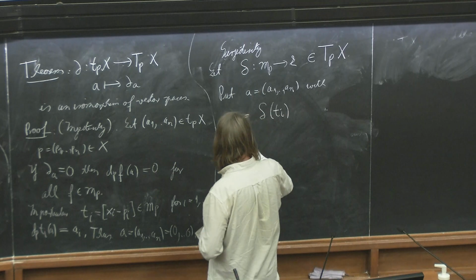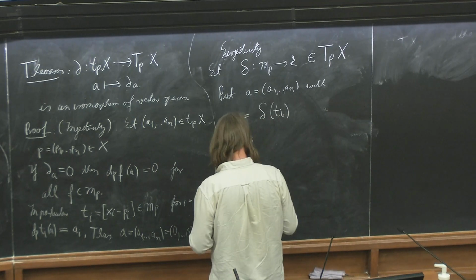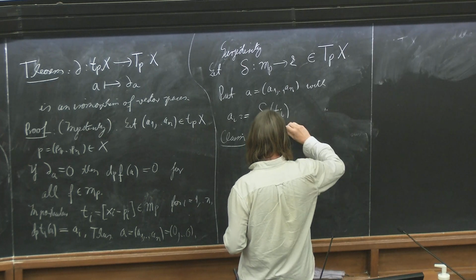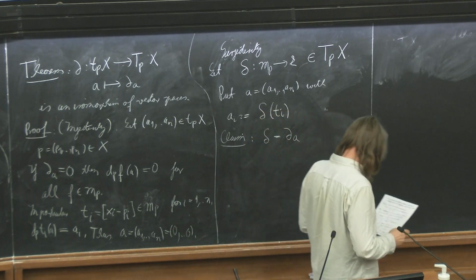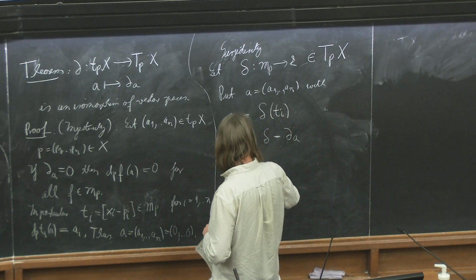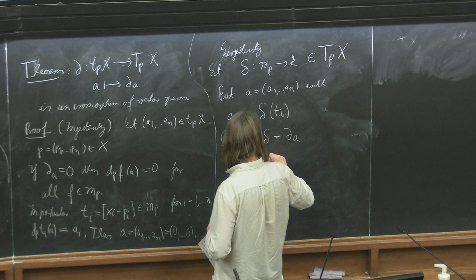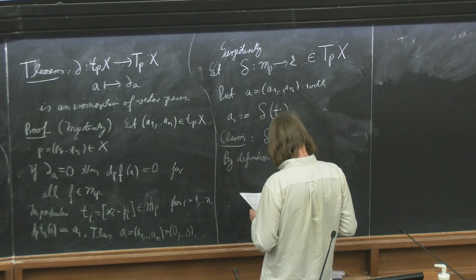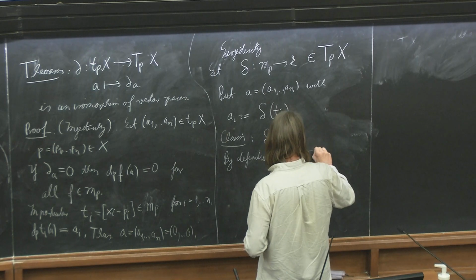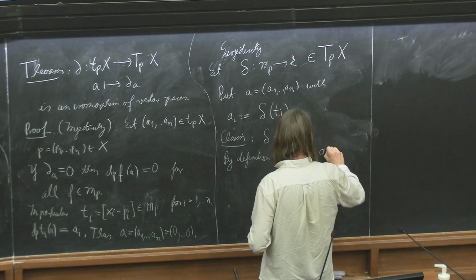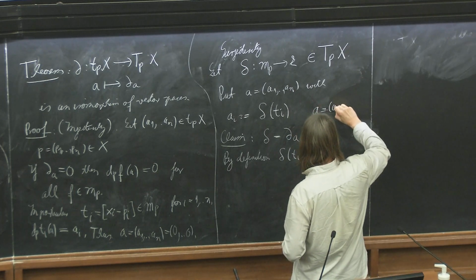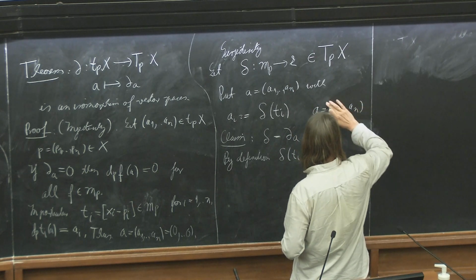So the claim: delta is equal to dA. As I said, by definition, and as we had seen, delta of Ti is equal to Ai, so dA, where I put obviously A equal to A1 to AN.